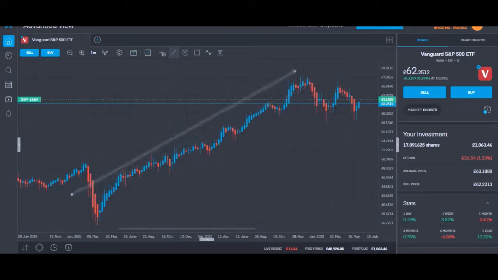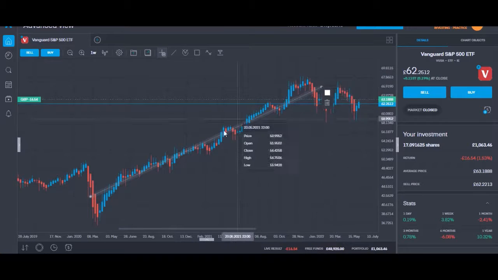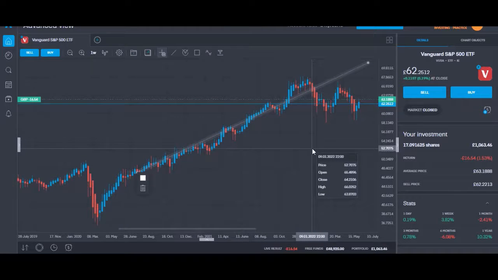Actually, let me just change the angle of that slightly, just to try to get it to fit roughly in between the highs and the lows, if you like. And then if we drag that up the way, you can see where we maybe might have expected to be by now, but obviously clearly we're not.